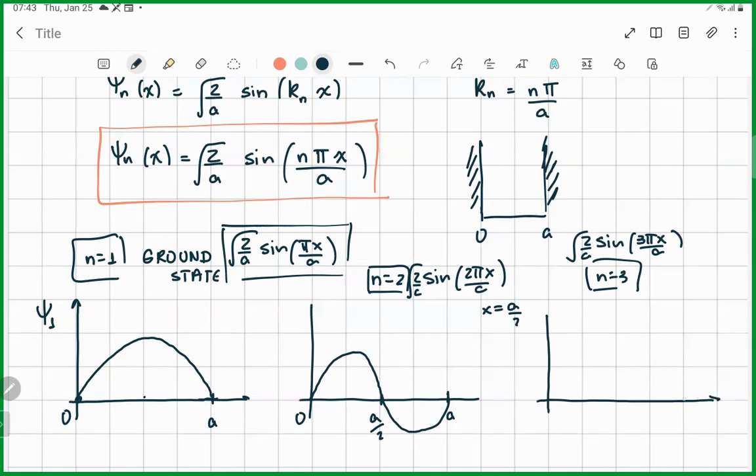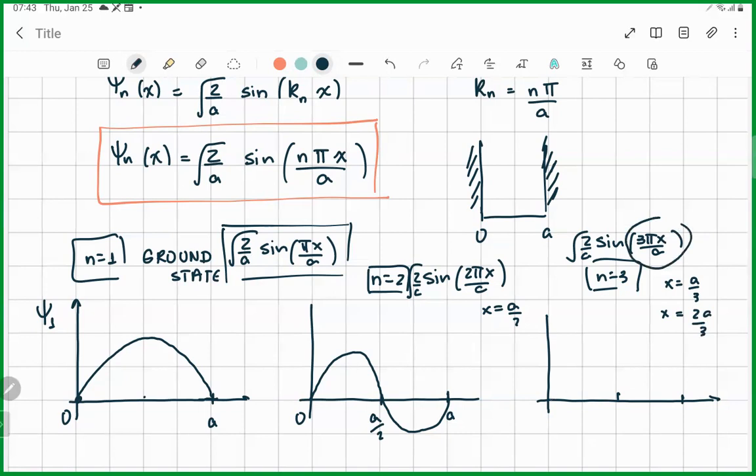This is point A. This is A over 2, but somewhere here, my drawing may not be perfect in the scale, but the important points are x at A over 3, and then x at 2A over 3, are points where this sine will be 0.